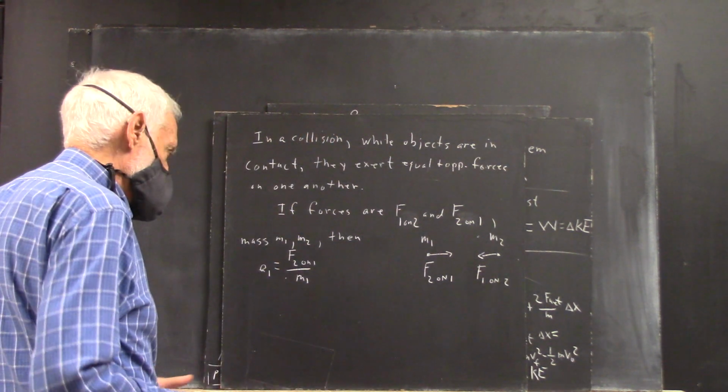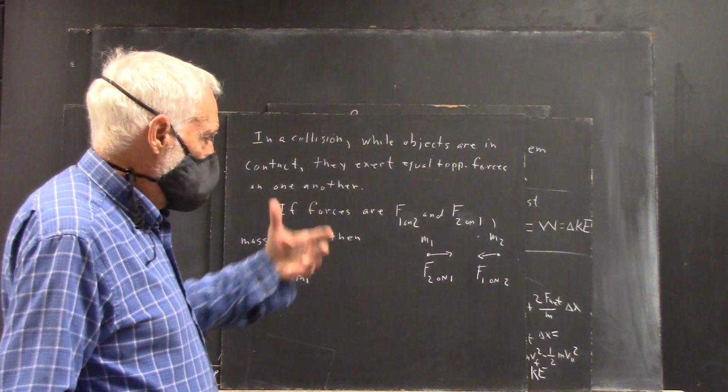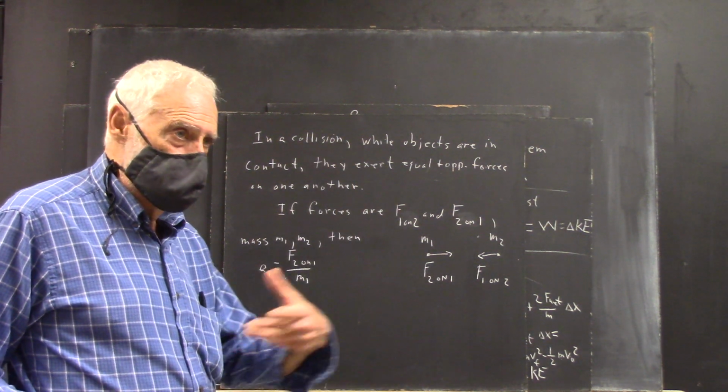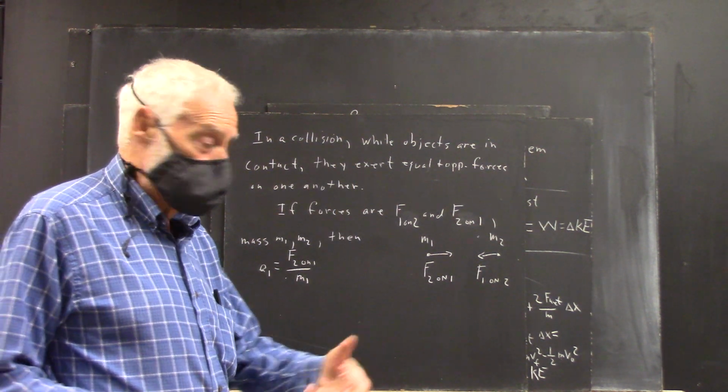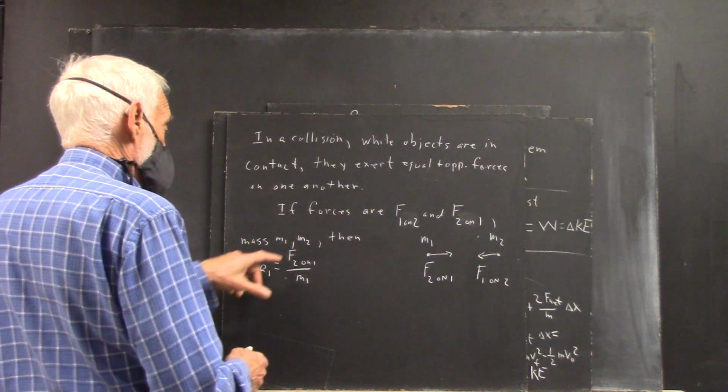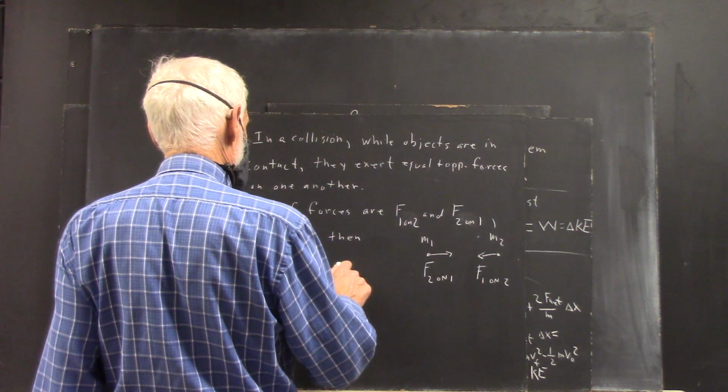Now, I'm giving you an overview now. I'm not doing it rigorously because you'll get it more rigorously when you do the homework. Okay, acceleration 1 is F2 on 1 divided by M1.